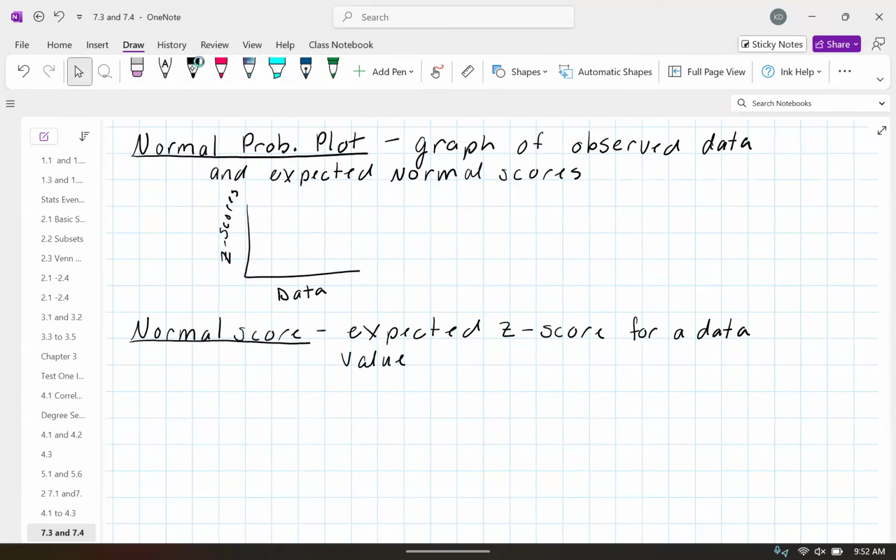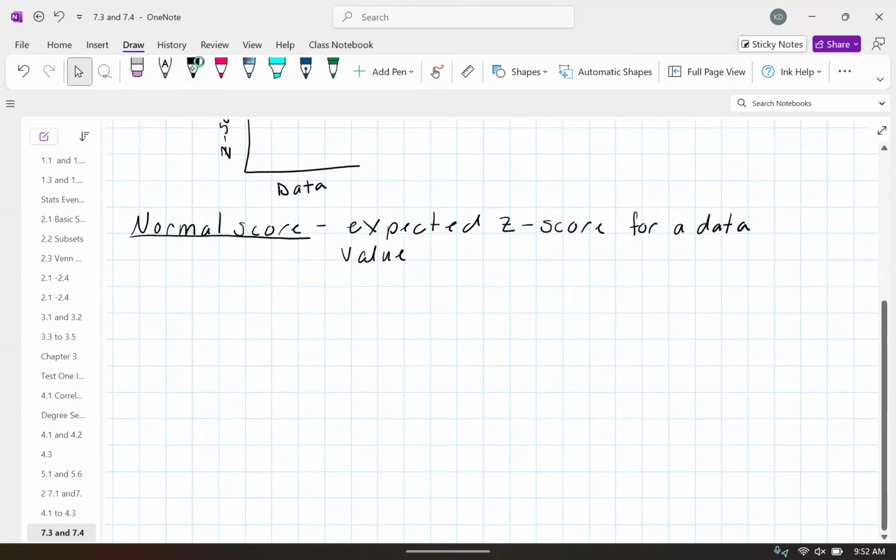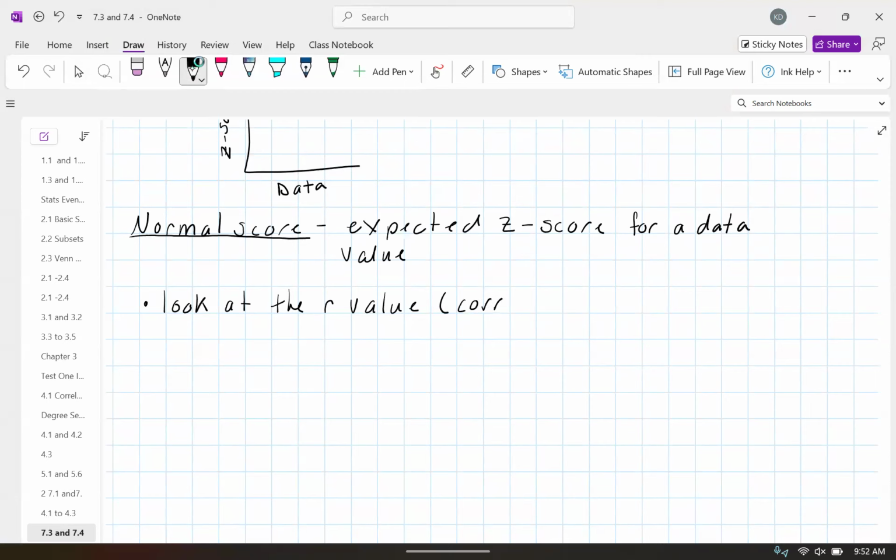So we're going to look at our correlation coefficient. R should always be positive, I think.